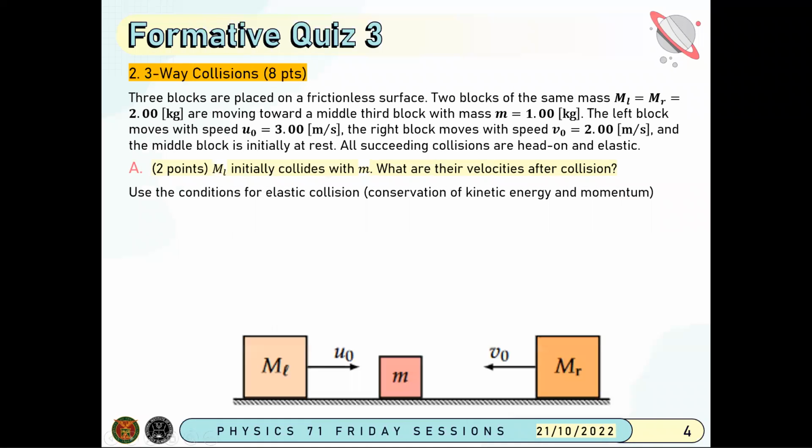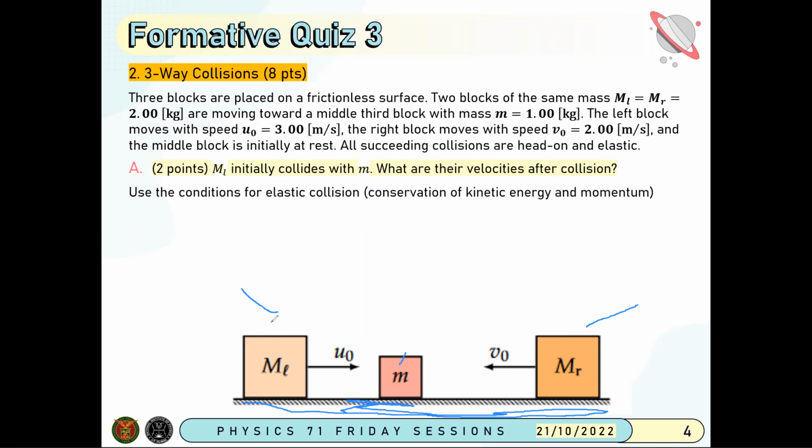Okay. Second item or second problem. Okay, this is titled three-way collisions. Three blocks are placed on a frictionless surface. And so this is a surface and wala siyang friction. So frictionless yan. Two blocks of the same mass, ml, mr, which are both 2 kilograms, are moving toward a middle third block with the mass m 1 kilogram. So this is the small mass.